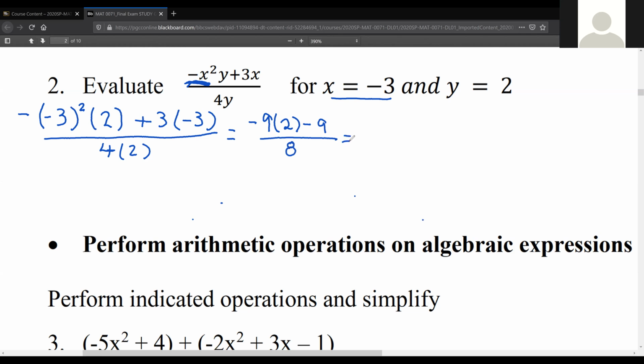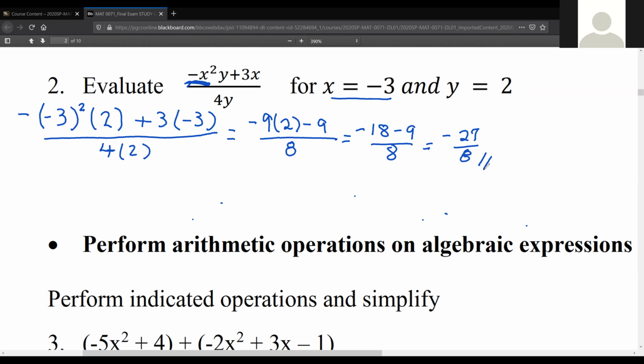Again, all we're doing is simplifying. This is basic. You have your calculator. This is -18 minus 9 divided by 8. So that becomes -27 divided by 8. And I think that you can leave the answer like that.